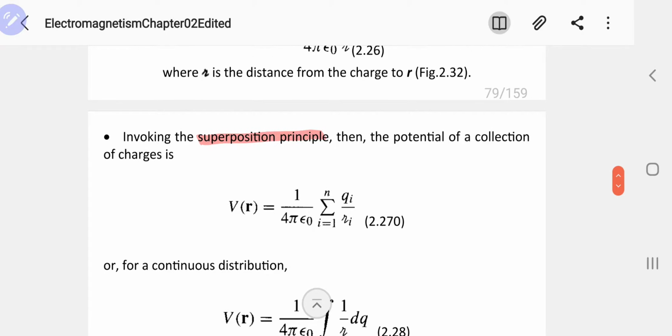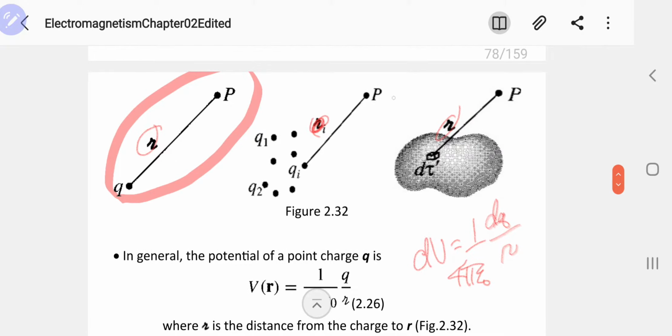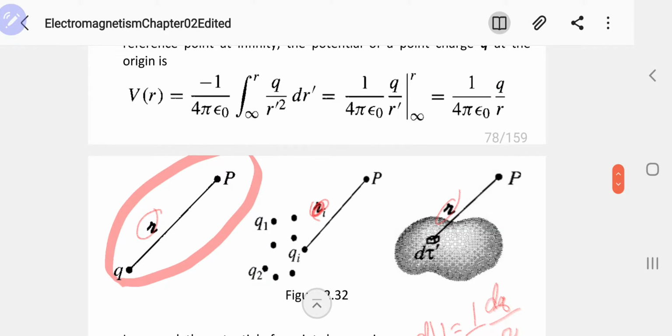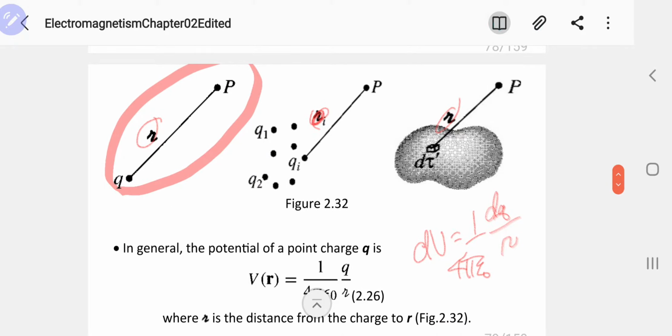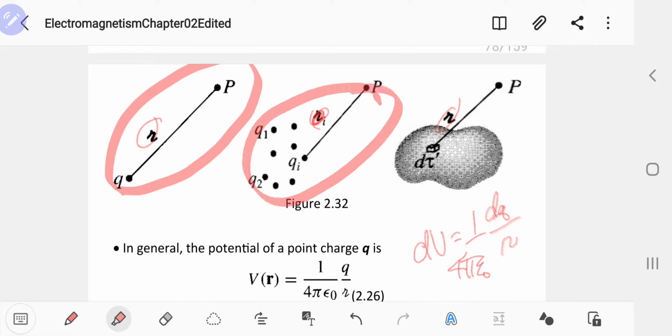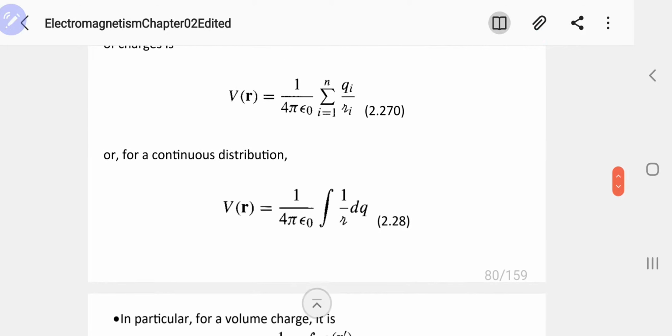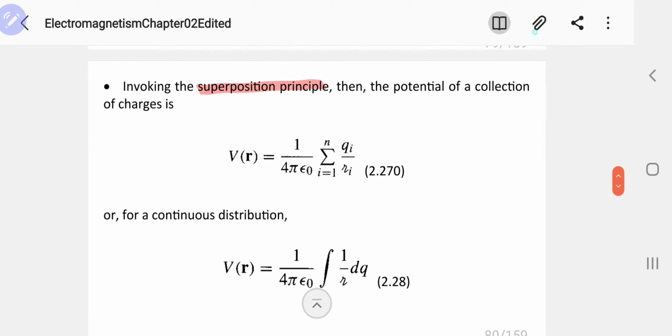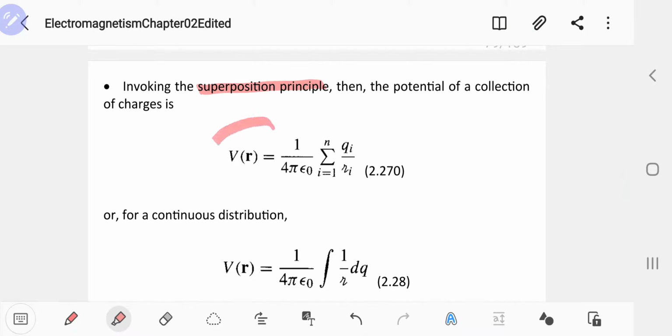So when you have so many charges, just like in this figure, to calculate the potential there, you consider all the electric potentials given by all the individual charges. So you get the sum of the electric potentials.